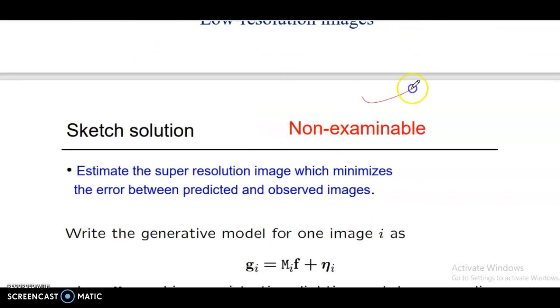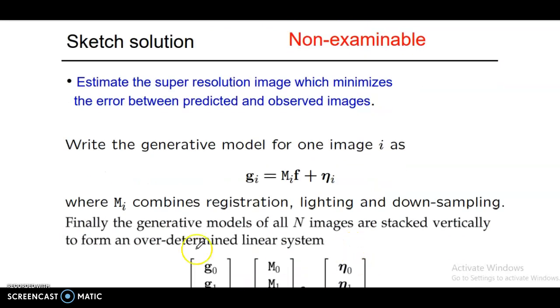Sketch of super resolution, non-examinable. Estimate the super resolution image which minimizes the error between predicted and observed images. Write the generative model for one image i as G i equals M i F plus mu i, where M i combines registration, lighting and down sampling.